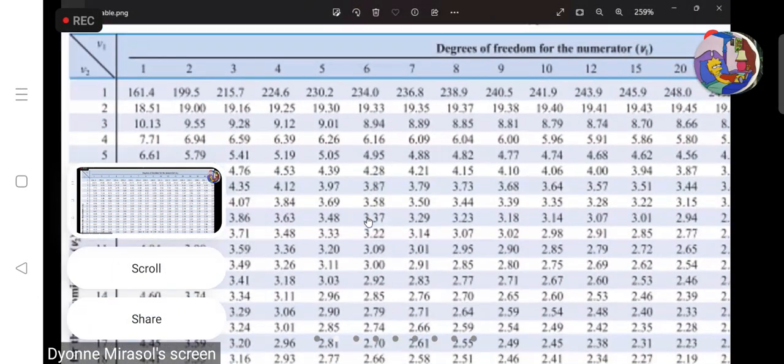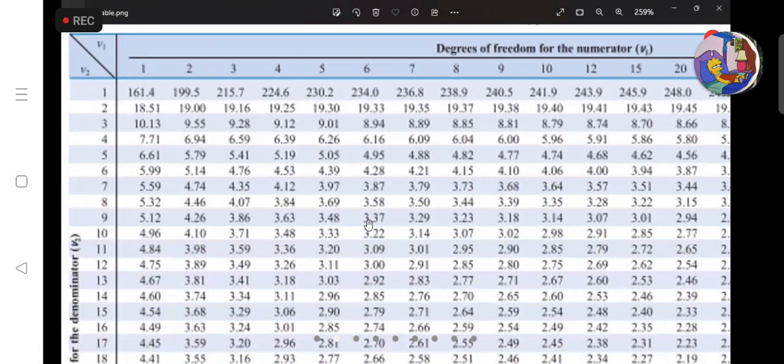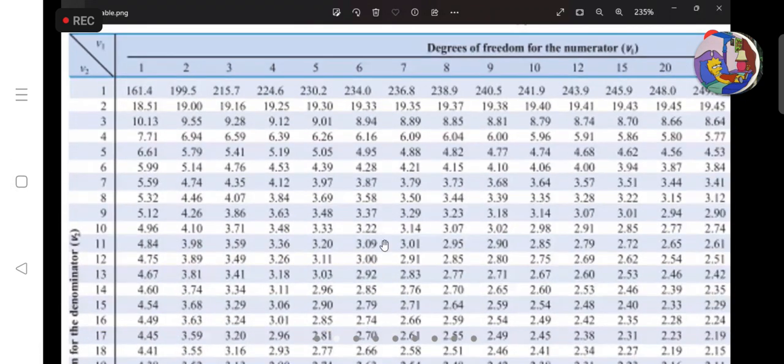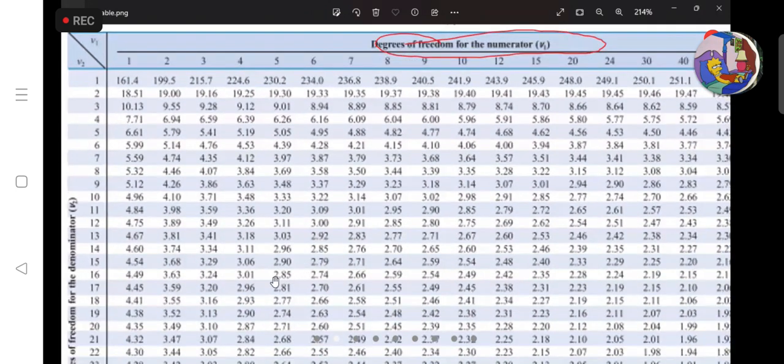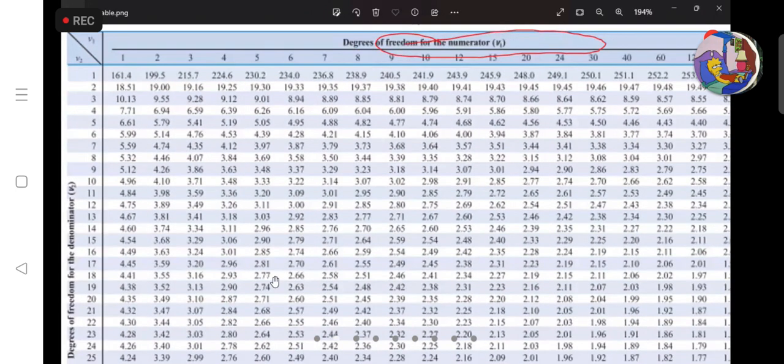On this side, you can see the degrees of freedom for the numerator. On this side, you can see the degrees of freedom for the denominator.